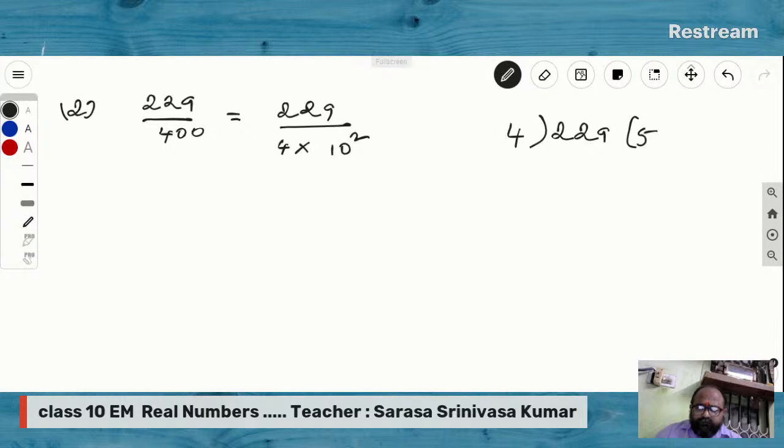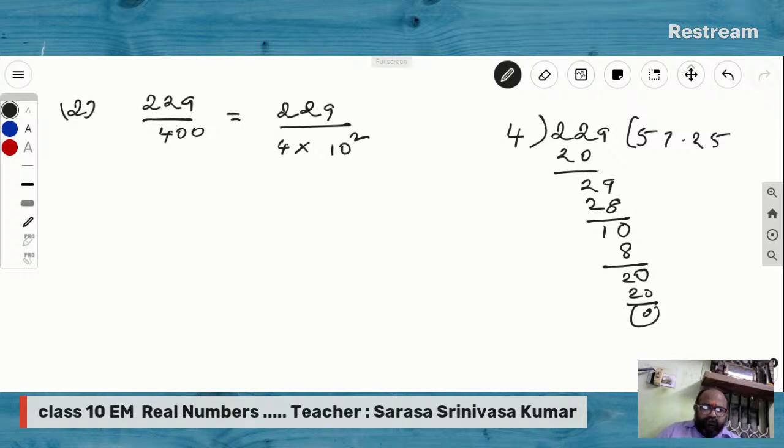4 5s 20, 2 9, 4 7s 28, 1 0 2, 8s, 2 0, 5s 20, 0 we get.